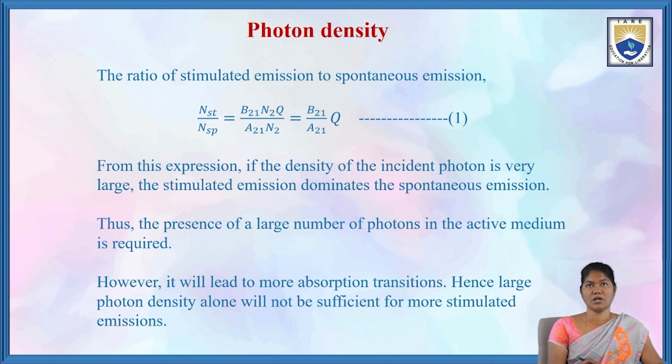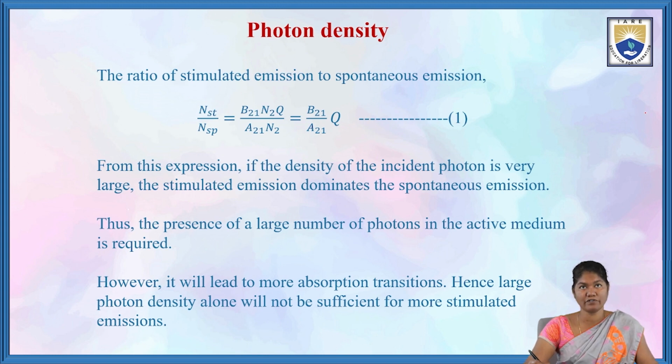It is equal to B21 by A21 into Q. So we are telling that the ratio of stimulated emission to spontaneous emission gives the photon density. In the previous session we have seen the Einstein coefficients, A21 and B21.